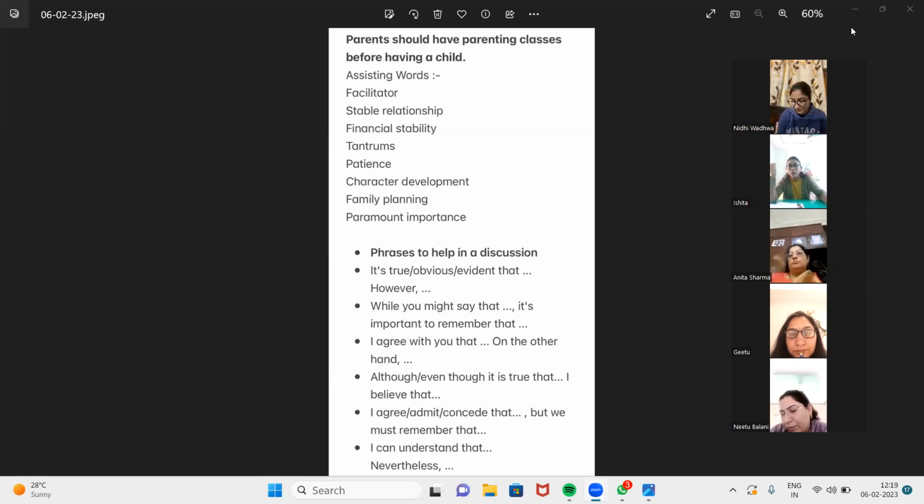It will help in the maternity phase too. So I'm 50-50. I also agree with that and also disagree in some way.